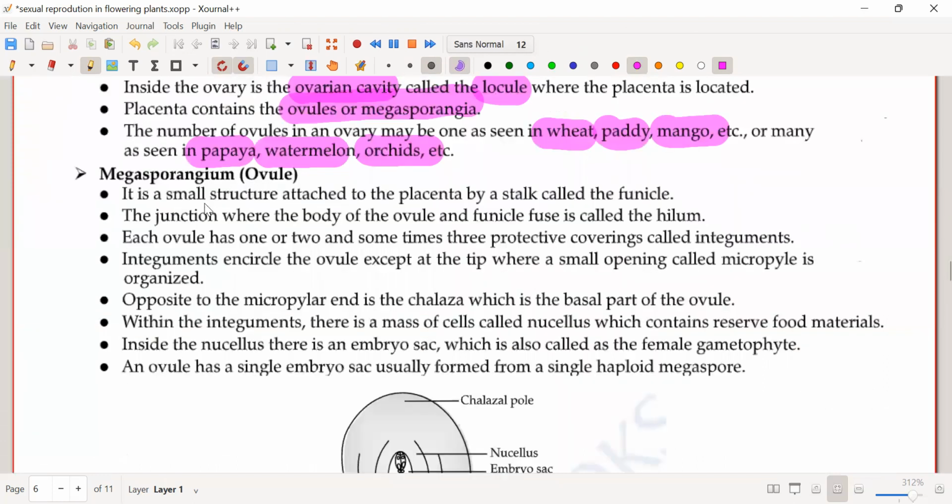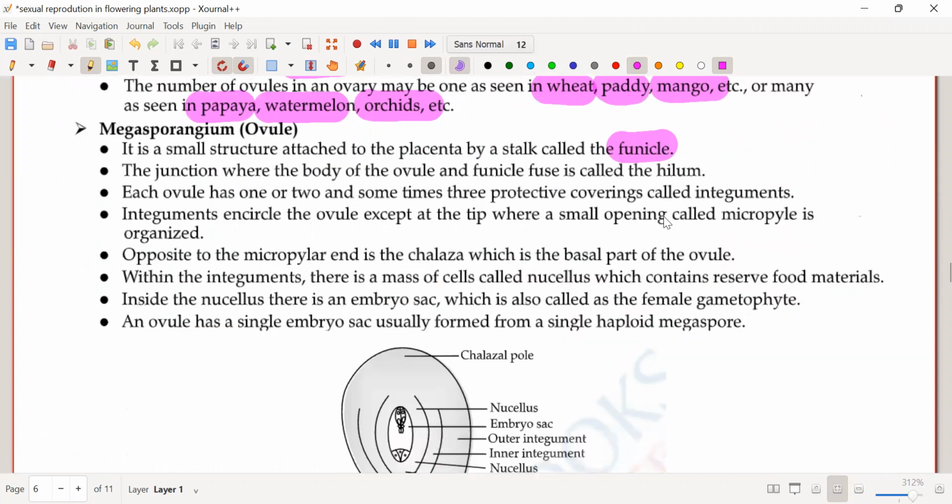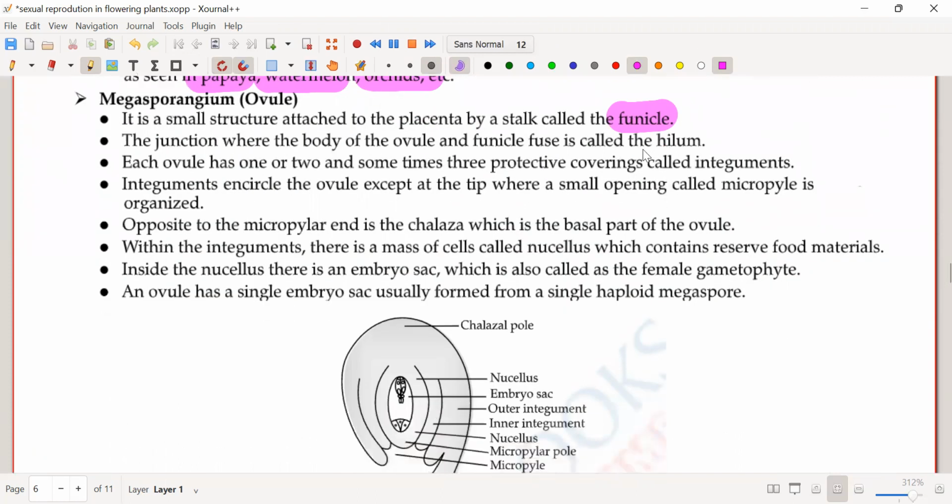Megasporangium is the ovule. It is a small structure attached to the placenta by a stalk called funicle. The junction where the body of the ovule and the funicle fuse is called hilum.